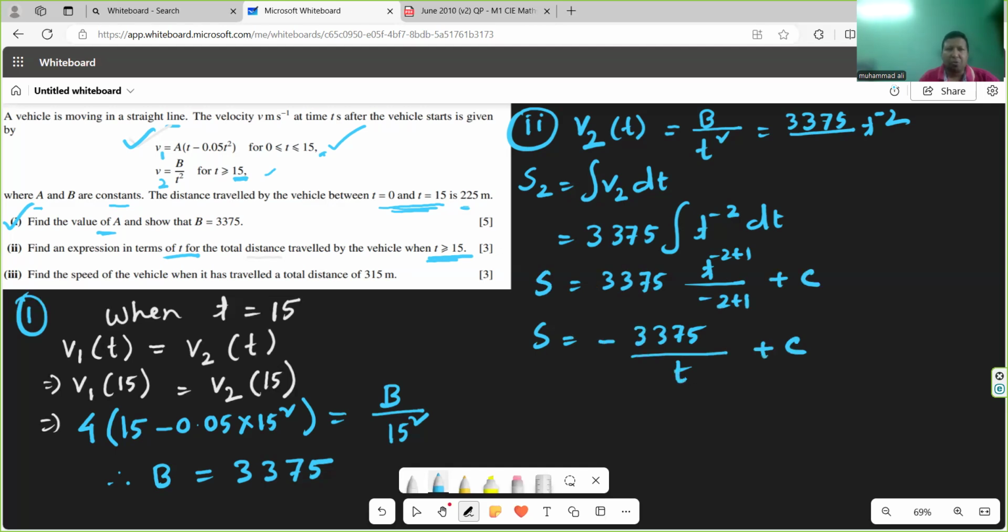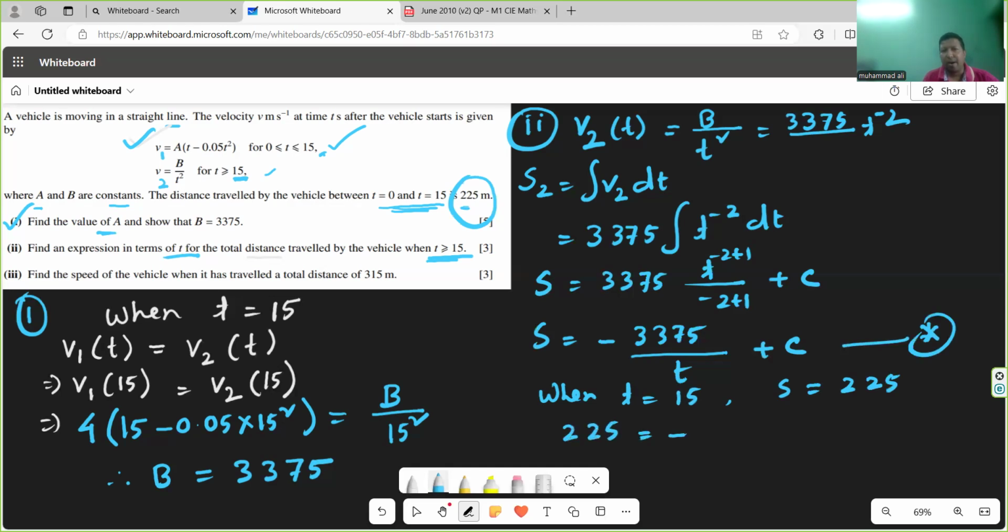So when t equals 15, the distance was 225. So when t equals 15, s equals 225. We have to put s equals 225 there. So 225 equals minus 3375 by t plus c.